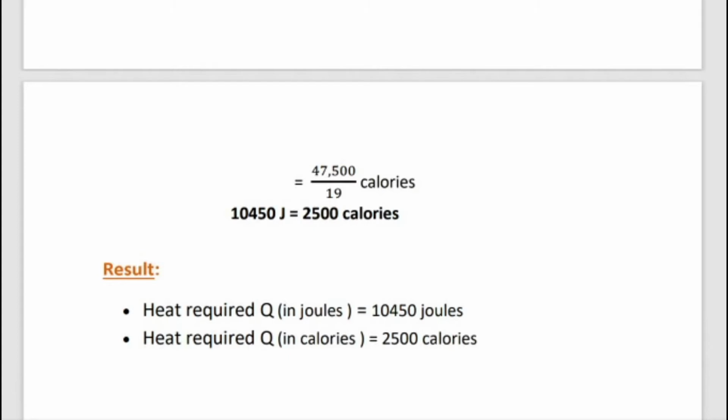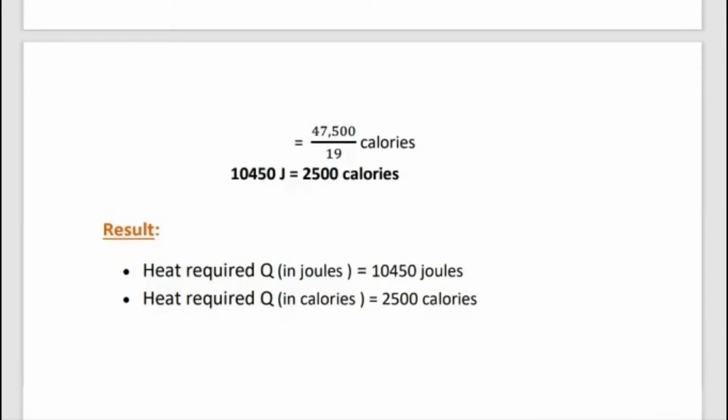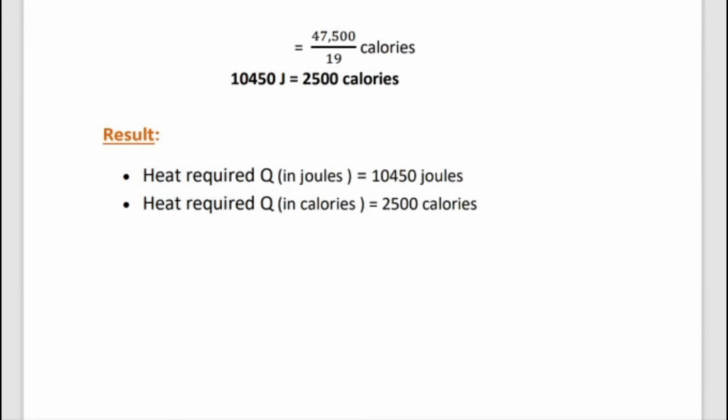So finally, 10,450 joules is equal to 2,500 calories. So what is the result? The required heat Q is equal to 10,450 joules, or in calories, it is equal to 2,500 calories.